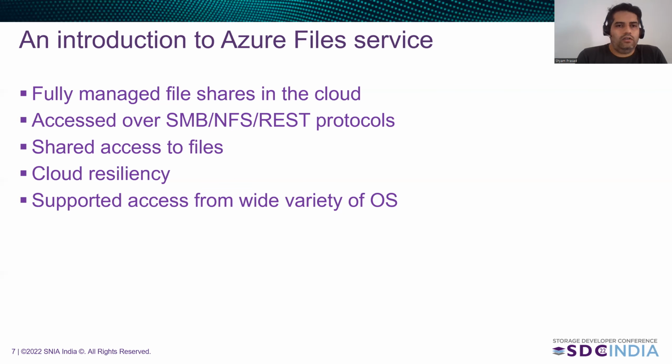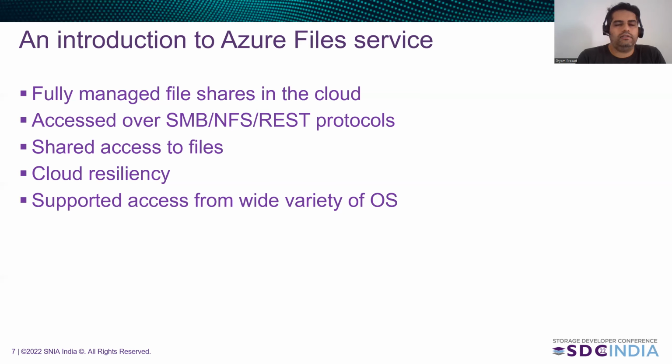And then what Azure Files offers is cloud resiliency. When I say cloud resiliency, for SMB or NFS file access, it can be done using other servers as well. But where Azure Files has a difference is that the server code is designed ground up for the cloud.